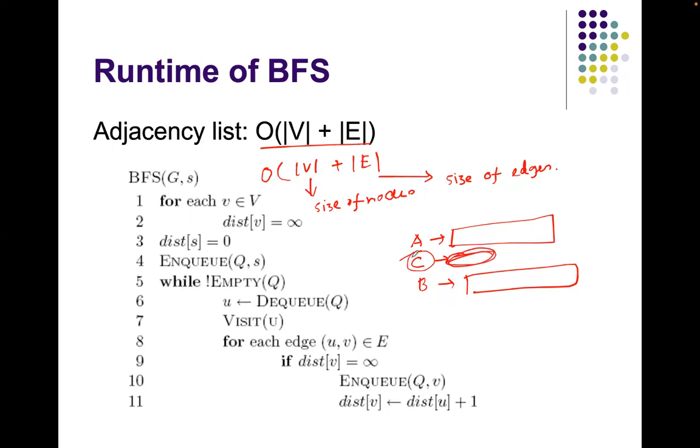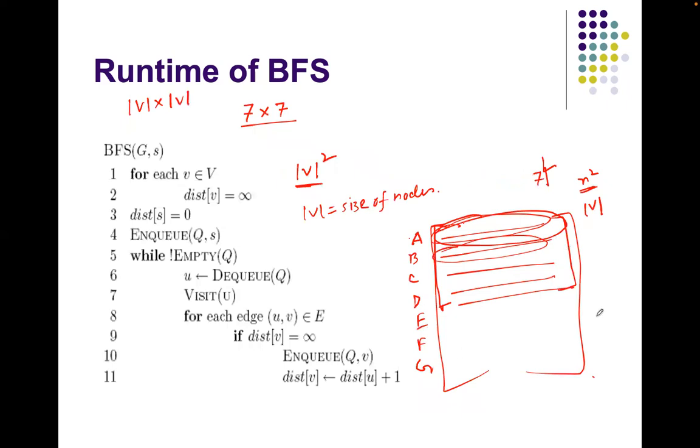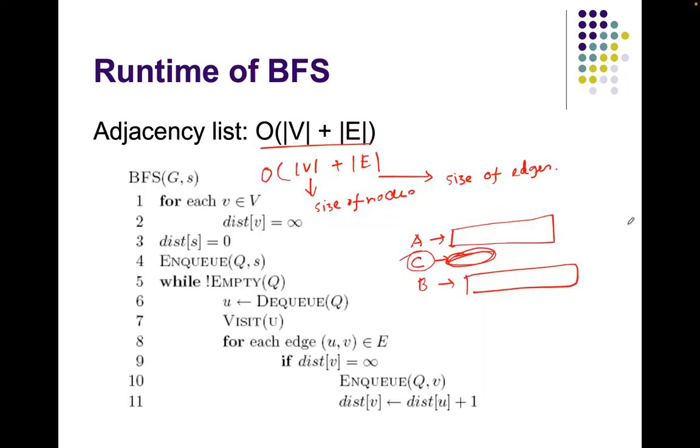But in the adjacency matrix we have no idea, because we have to traverse the whole row to see whether a node has a particular edge or not. So if we use the adjacency list, the runtime will be order of V plus order of E. We traverse all the nodes, but for each node we can find how many edges are adjacent to that node.